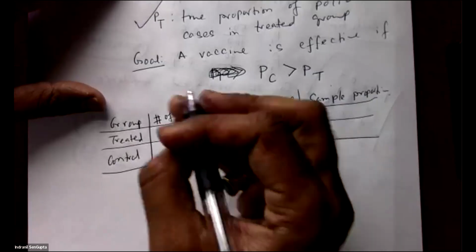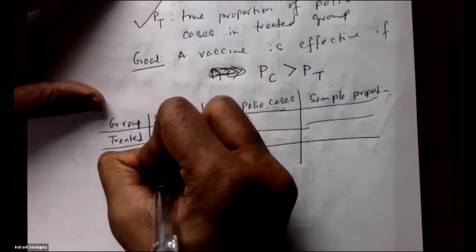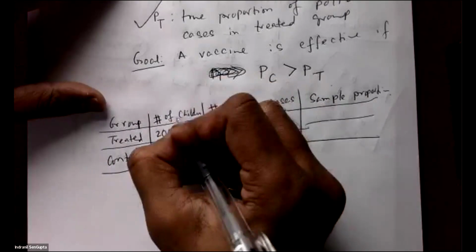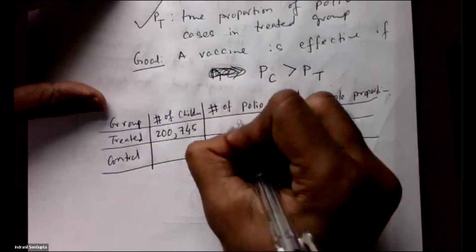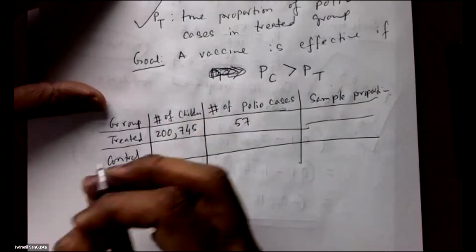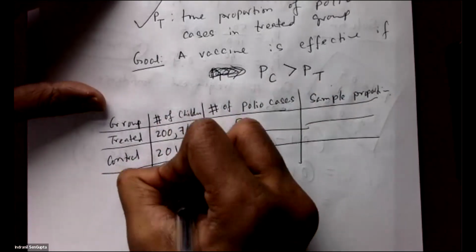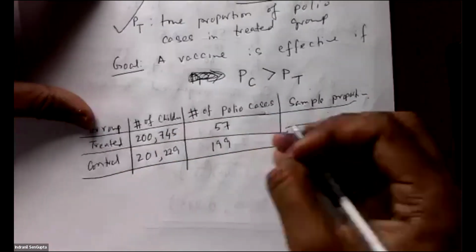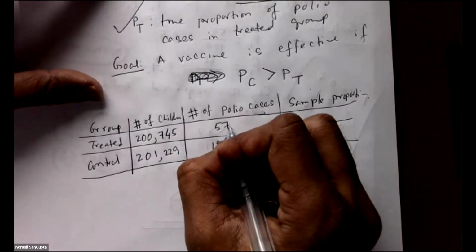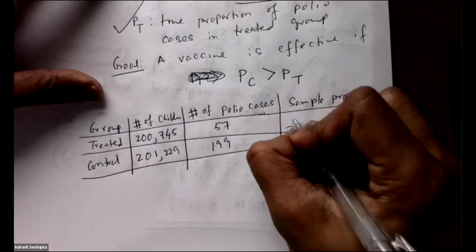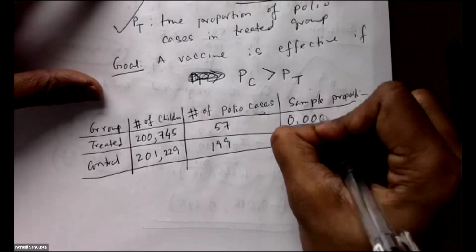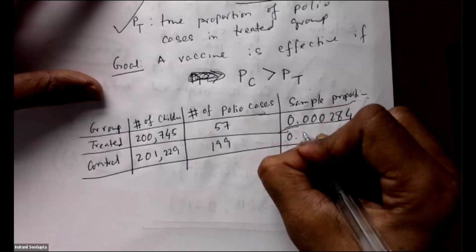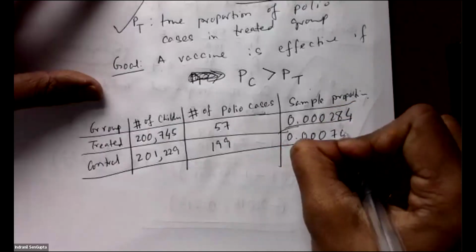When we draw a sample, there are this many children, and there are 57 polio cases, and then there are 201,229 and 199. So the sample proportion is 57 over this one, which is 0.000284, and here the proportion is 0.000706.